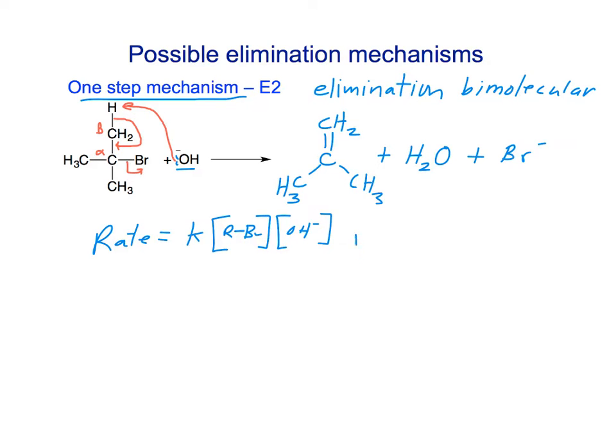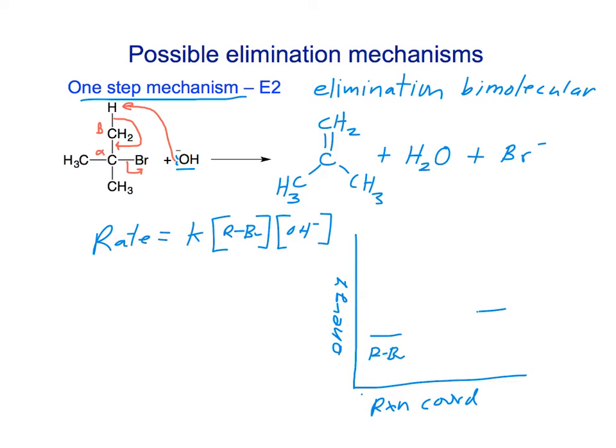The reaction coordinate, or reaction energy diagram, so this is the reaction coordinate here. Remember, this is energy going up the y-axis. In general, alkenes are usually slightly higher energy than alkanes because the pi bonds are not as strong as the sigma bonds.